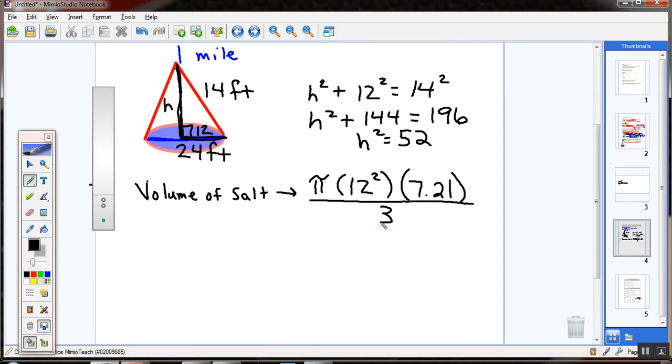See what that value crunches out to be. You go pi times 12 squared times 7.21 divided by 3. What do you guys get? Don't be shy. Yell it out at me.